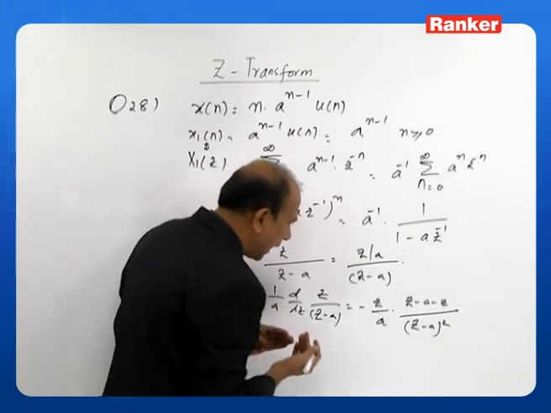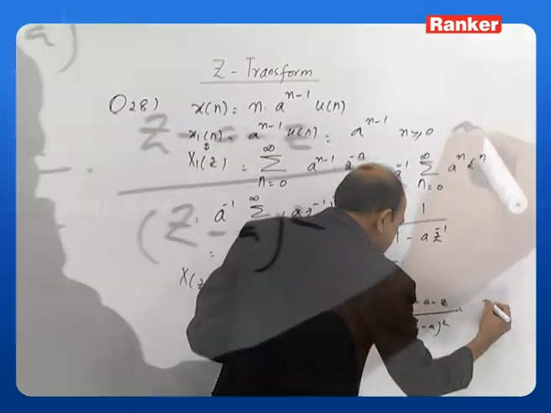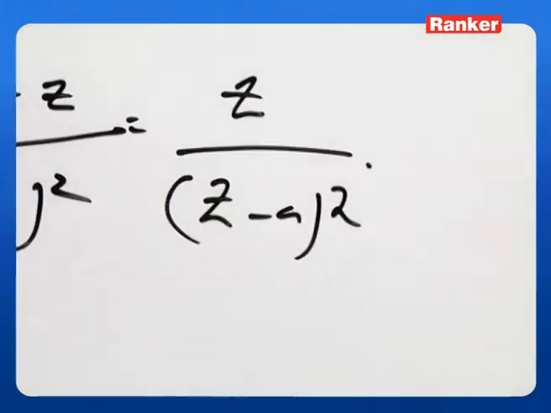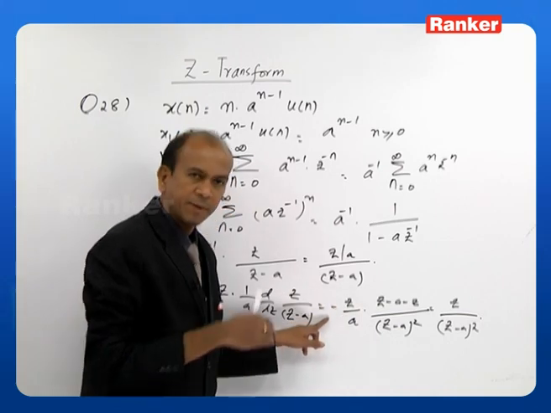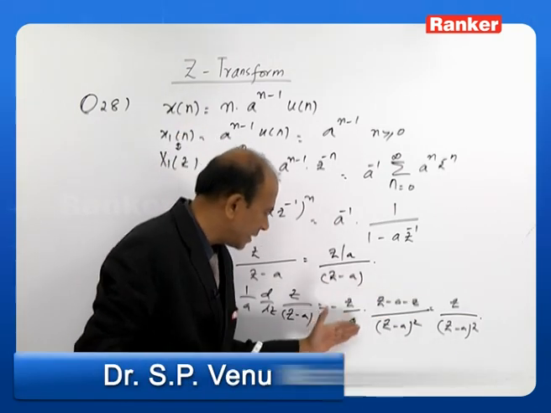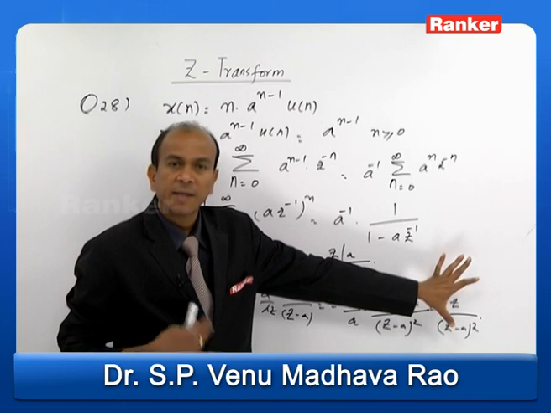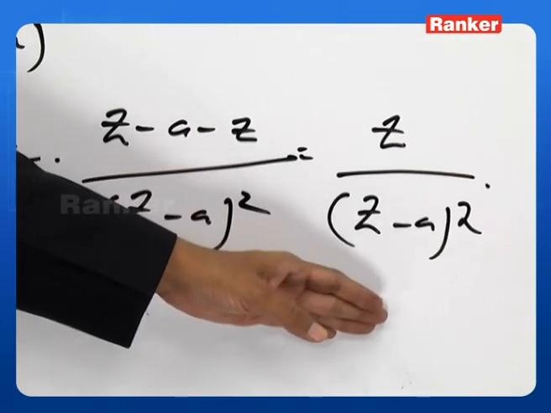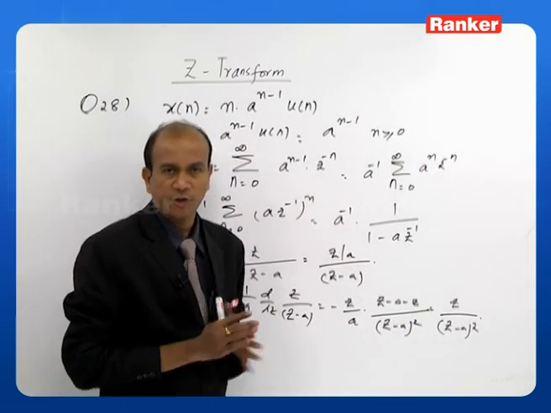Okay, that will be equal to z by z minus a whole square, because this minus minus become plus, this z here, a gets cancelled, so this is z by z minus a whole square, and the ROC will be z is greater than a. So this is a solution for this problem.